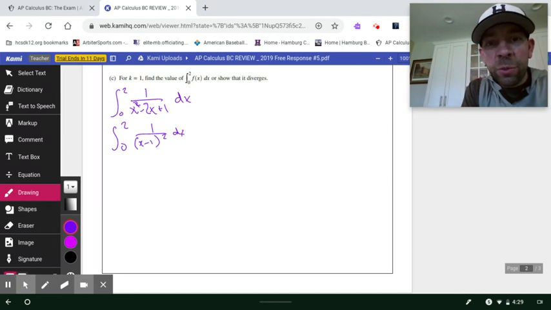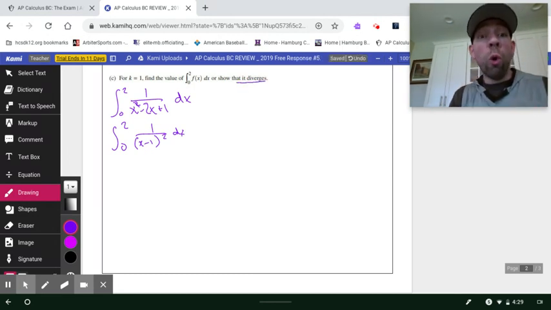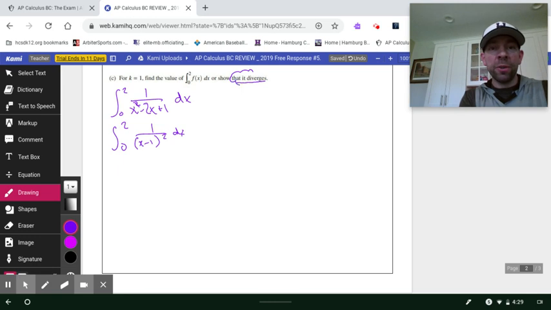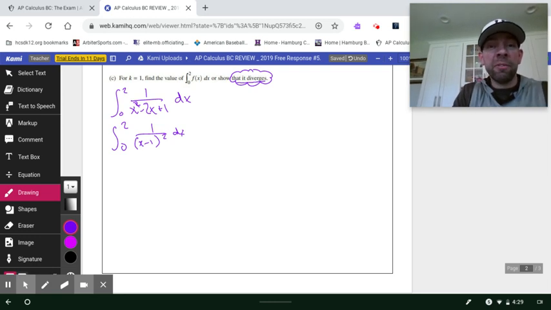Now, this was a red flag to me when they said, evaluate the definite integral or show that it diverges. I don't know if the seeds for improper integrals would have been planted in my mind if they hadn't given me this gentle nudge right here. Otherwise, why would they be talking about diverging?